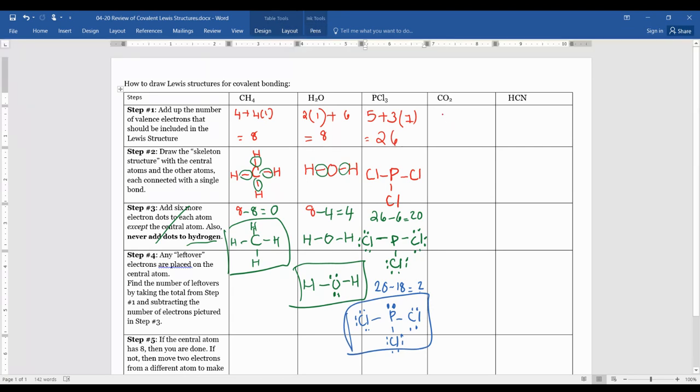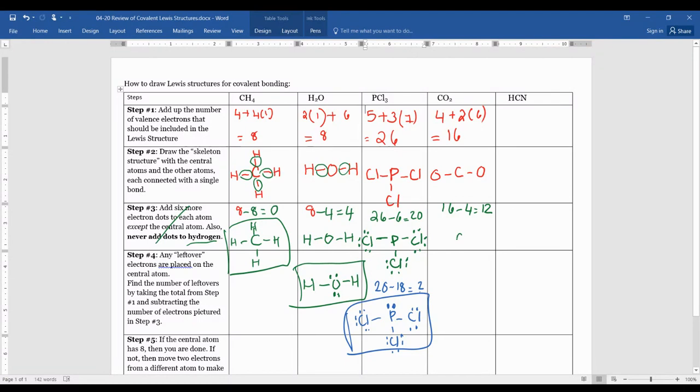Carbon dioxide. Carbon is 4. There are 2 oxygens, 6 each, so 12 and then 16. Carbon's the first atom, so it goes in the middle. Then I subtract 16 minus 4, I get 12.